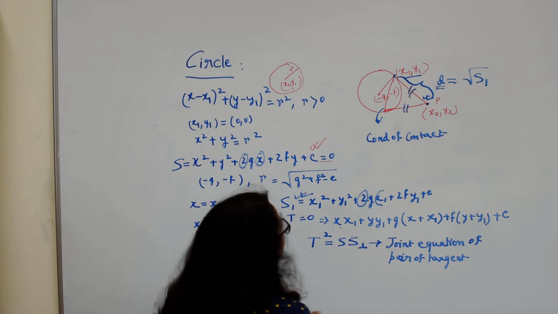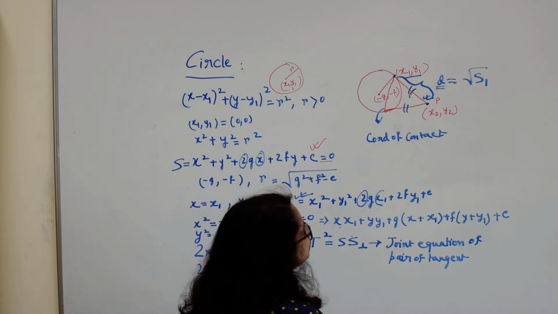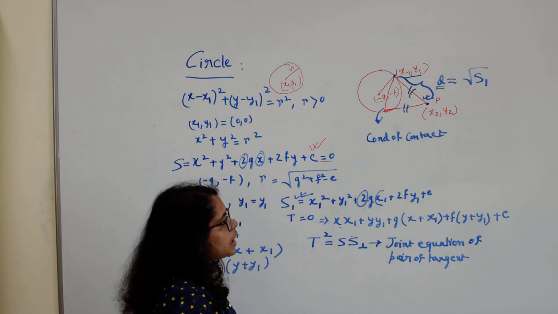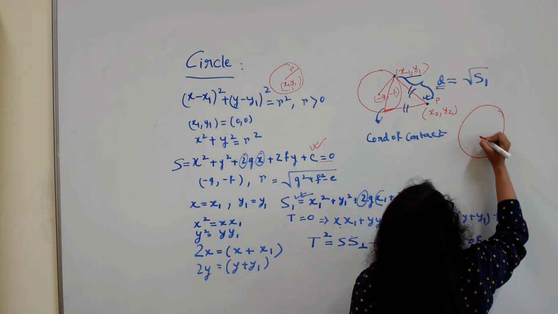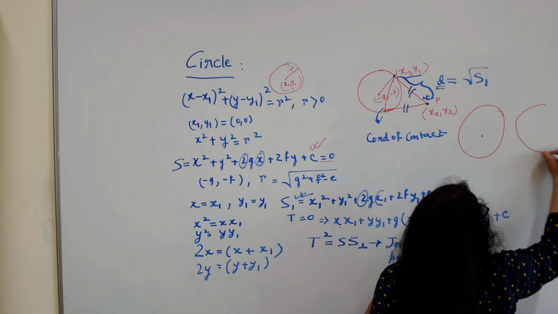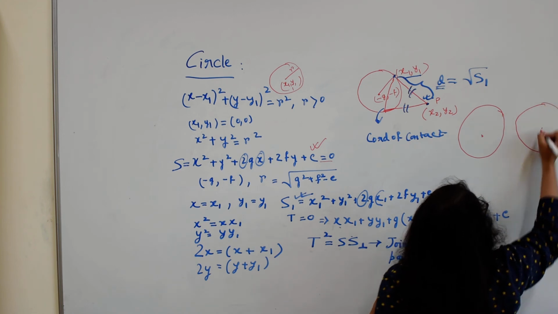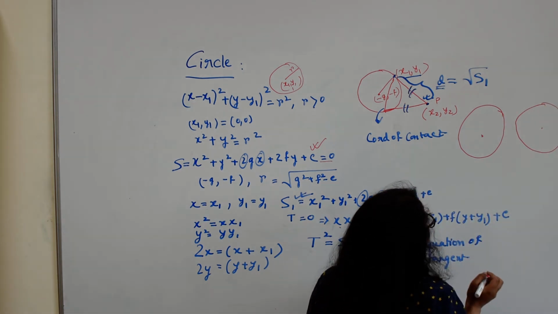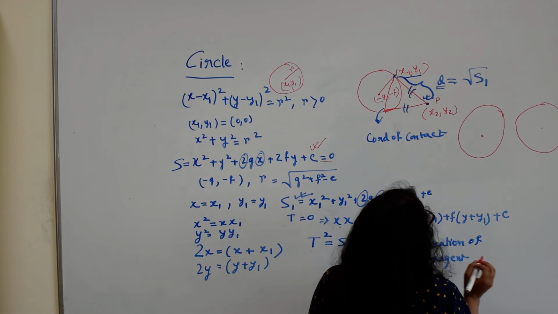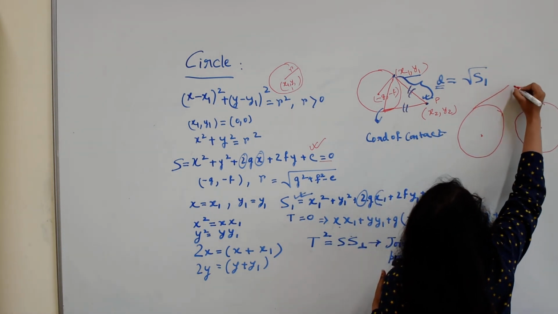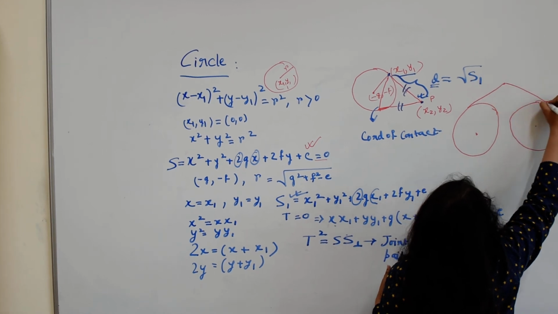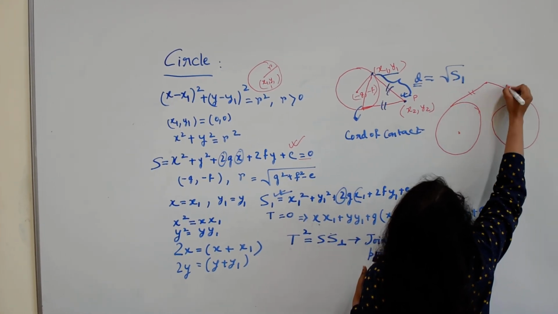Again, suppose we are given two circles and we are asked to calculate the location of points from where, if we draw two tangents to these two circles, these two lengths will be equal.